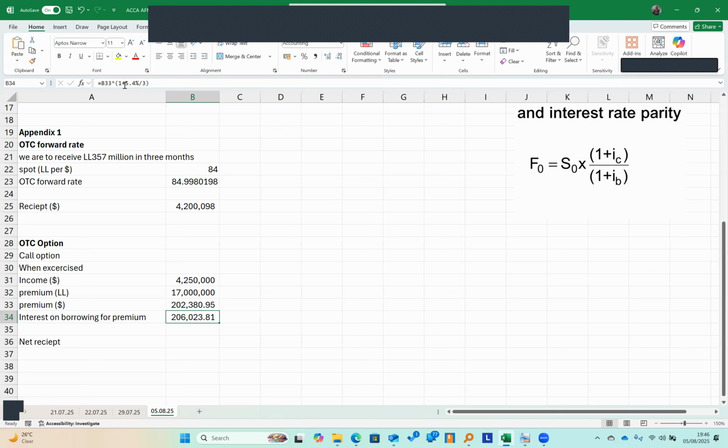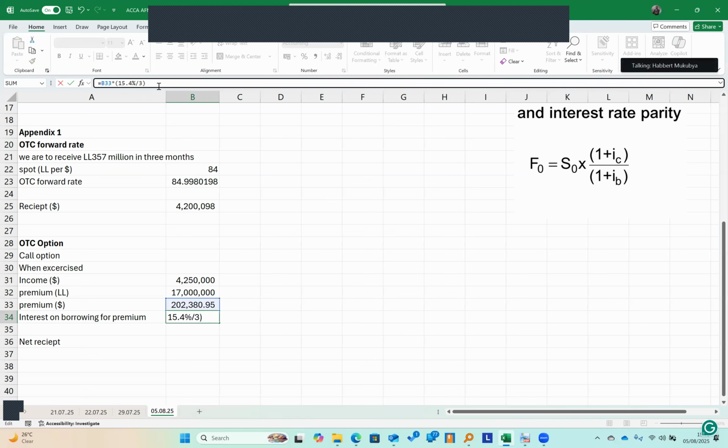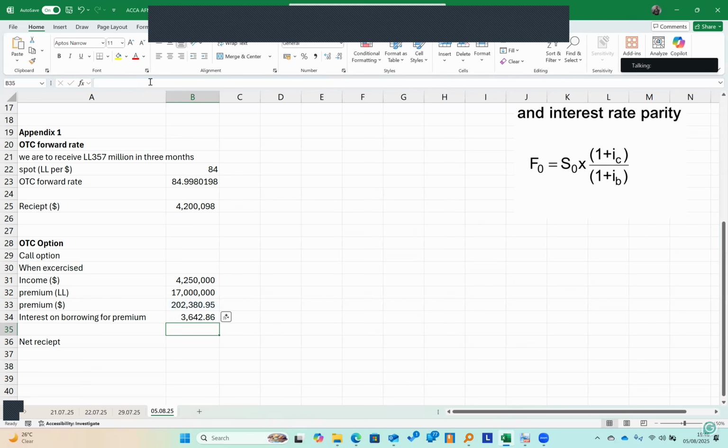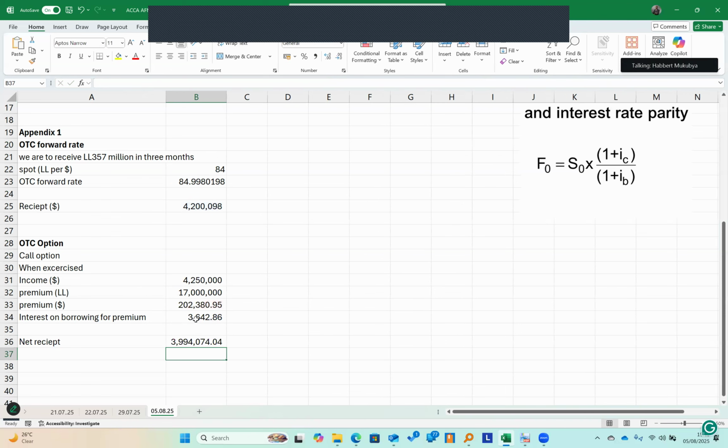You just multiply this like that. Then the net receipt would be this minus the premium minus the interest. Okay?